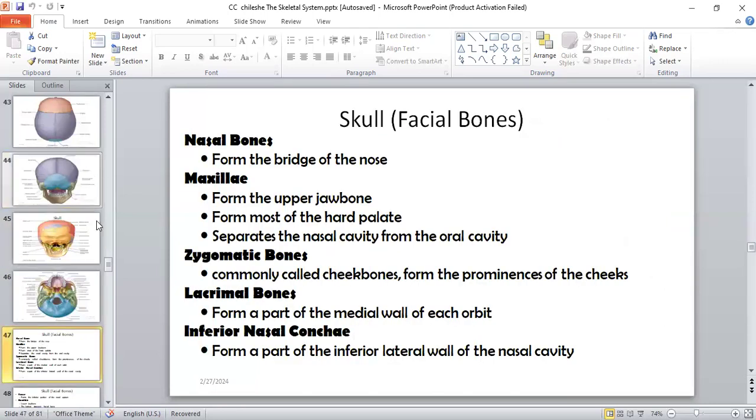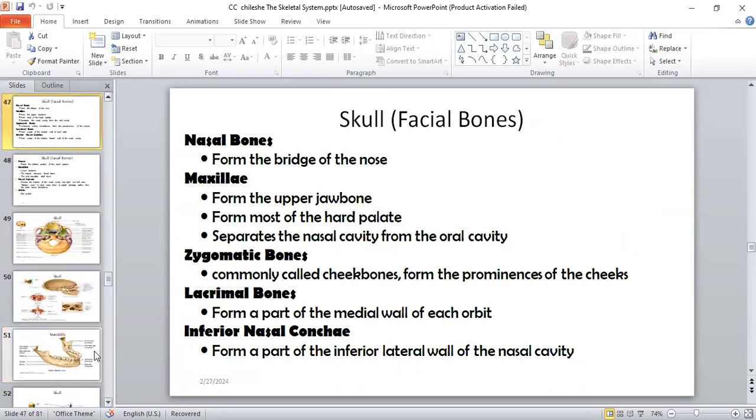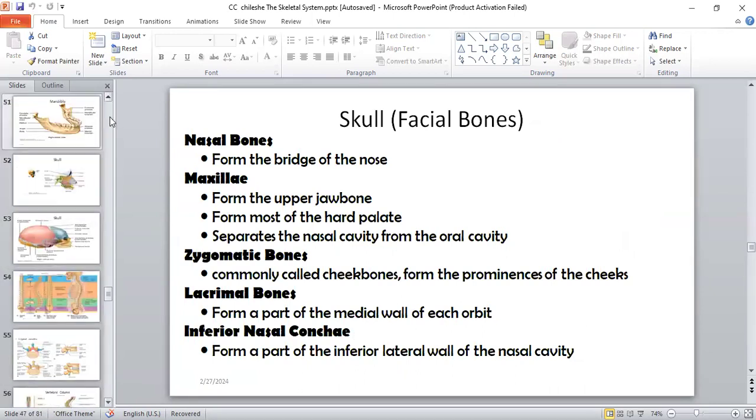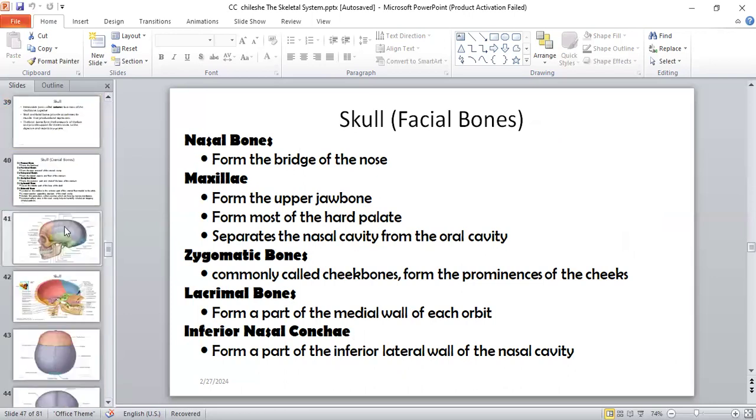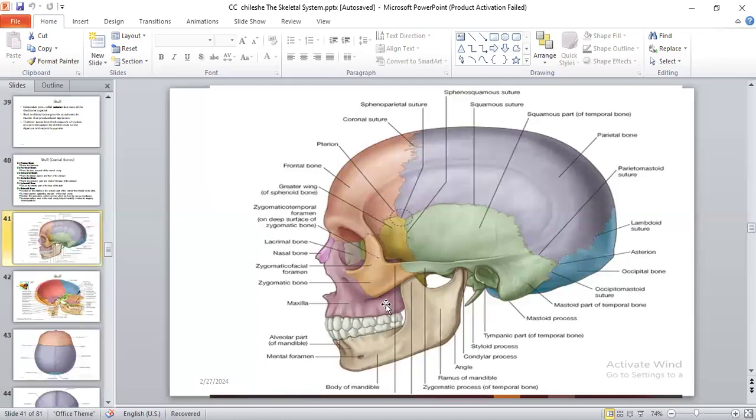We have one maxilla, that is the one that makes up the upper jaw. The upper jaw of the human being is made up by the maxilla. So when you look at this picture, immediately posterior to the nasal bone, we have this bone here, which is in a lighter purple, and this is known as the maxilla.